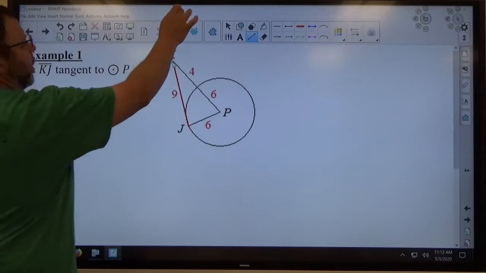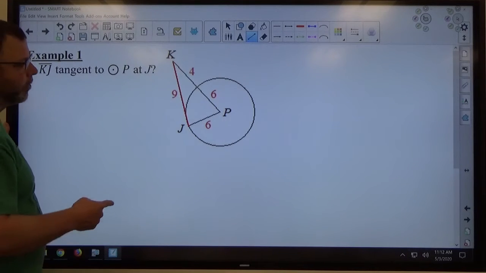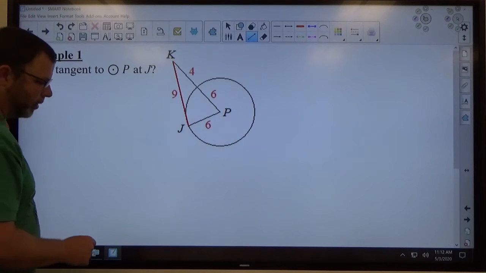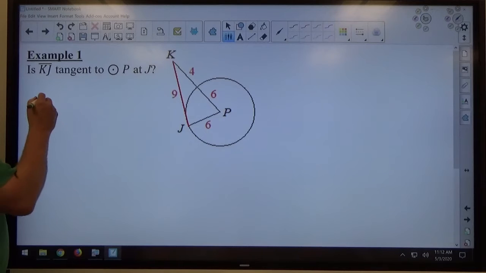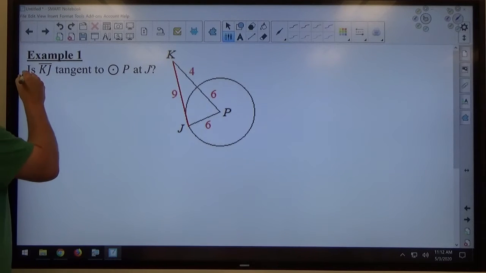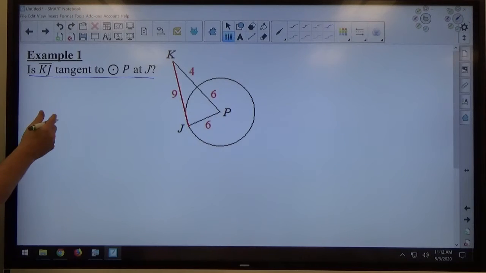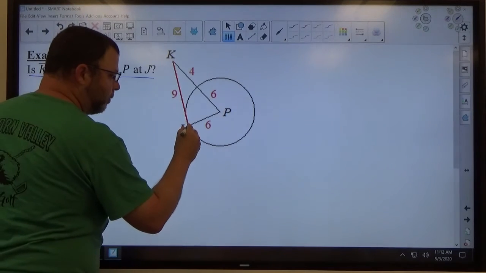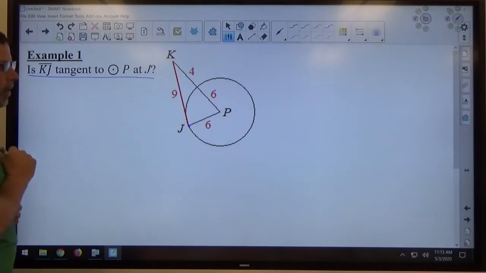So first off, the word tangent in relation to circles and segments or lines. A tangent line is described as a line or segment that would intersect a circle at exactly one point. That point it intersects at is called the point of tangency. So the question is asking if KJ is tangent to circle P at J. If it is, then J is the only point that this segment would touch along that line.